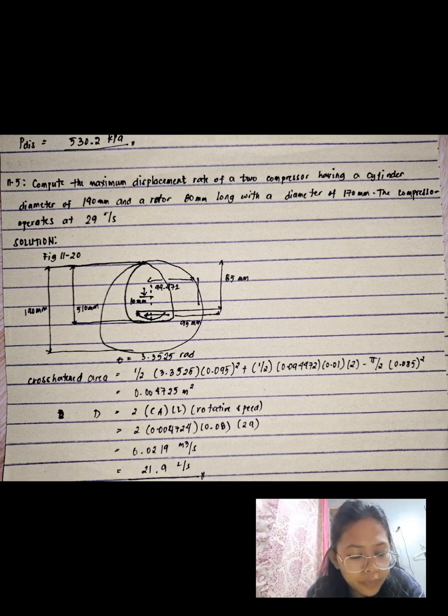The compressor operates at 20 knots. So, solution. As you can see in the figure 11-12 diagram, we have the given 190 mm, 510 mm, 10 mm, 94.472, 95 mm, and 85 mm.